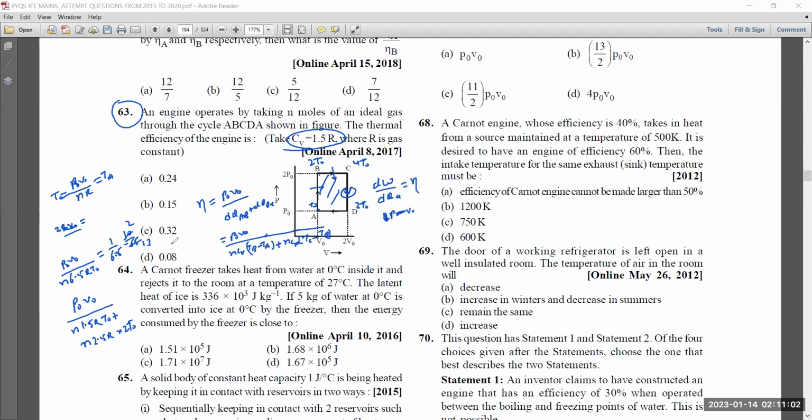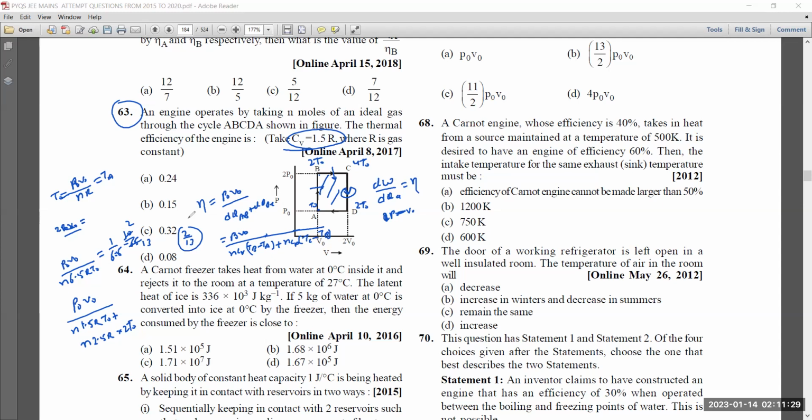2 by 13. How much? Sir, 0.1. 0.15. Option B is correct.